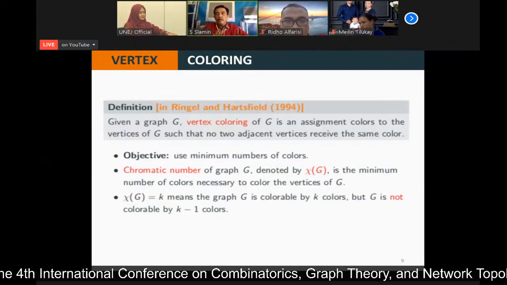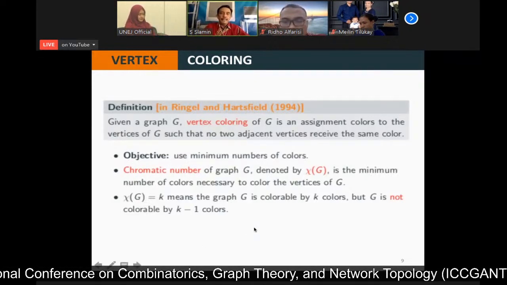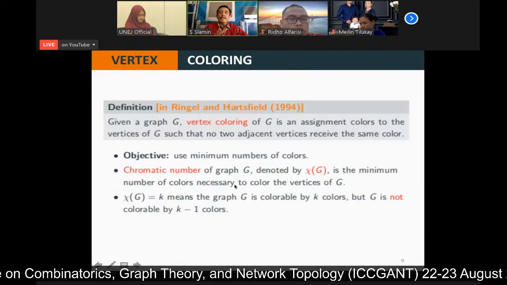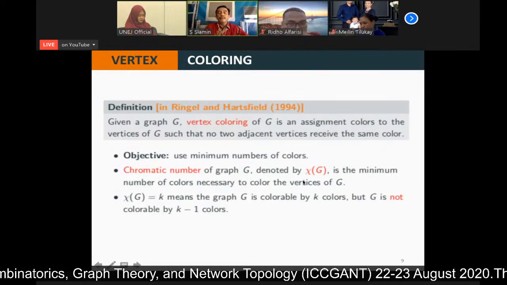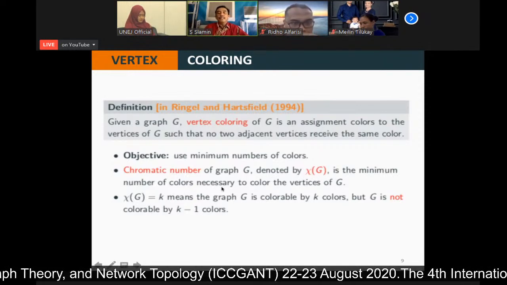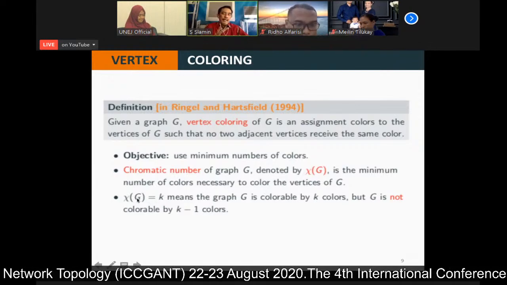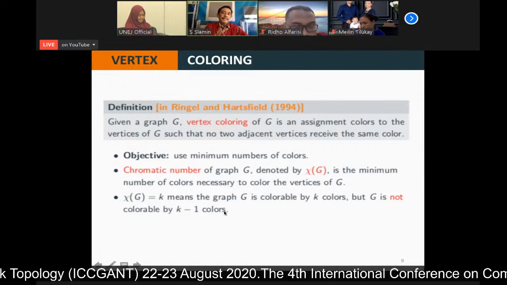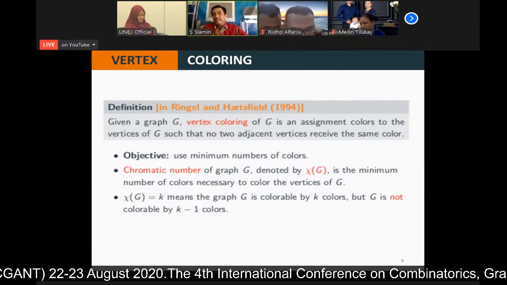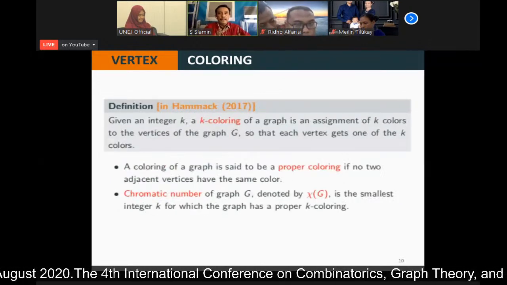The objective is to use the minimum number of colors. So we define the chromatic number of a graph, denoted by χ(G), as the minimum number of colors necessary to color the vertices of G. χ(G) equal to k means that the graph G is colorable by k colors, but G is not colorable by k minus 1 colors.